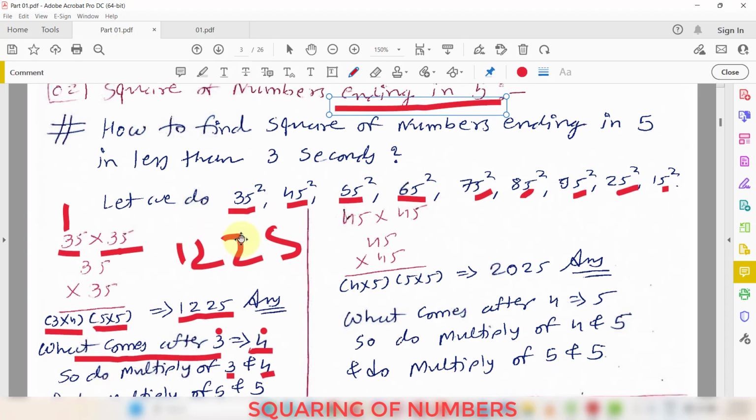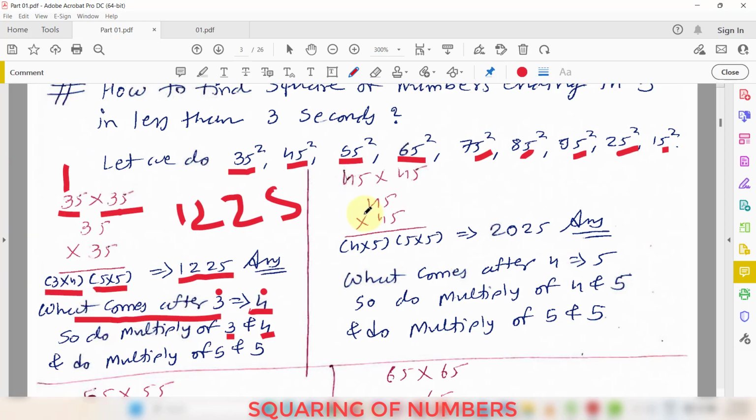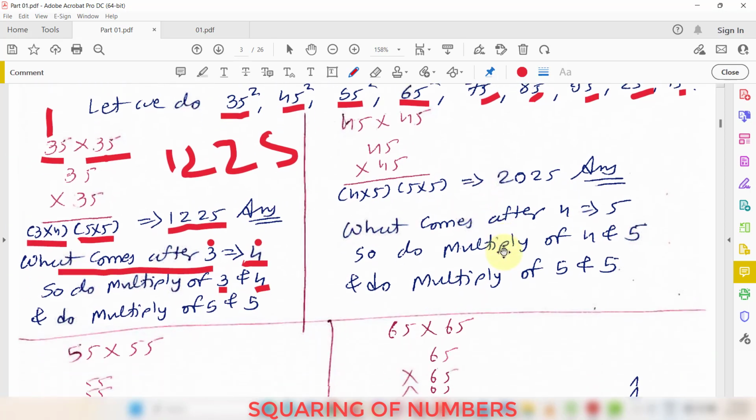Okay, cool. Let's do some more examples so that you have the exact idea of how we are applying this technique. Let us say I want to square 45. What comes after 4? After 4 comes 5. So I will multiply the first number, 4, and the number after it, 5.